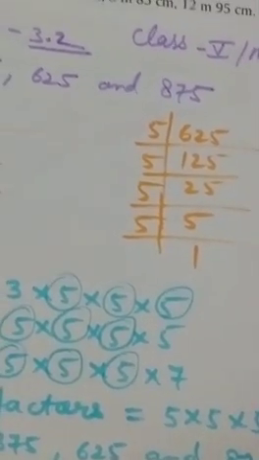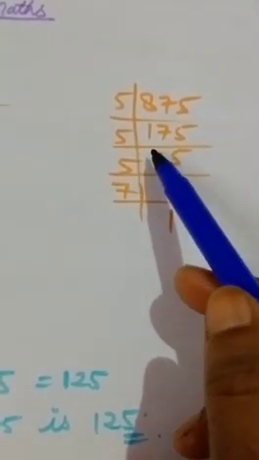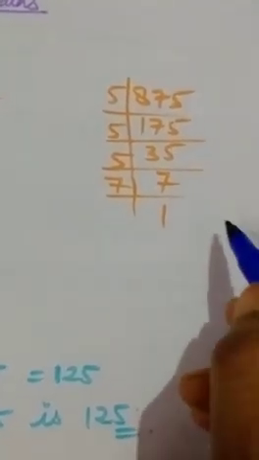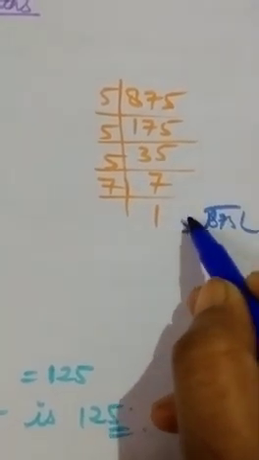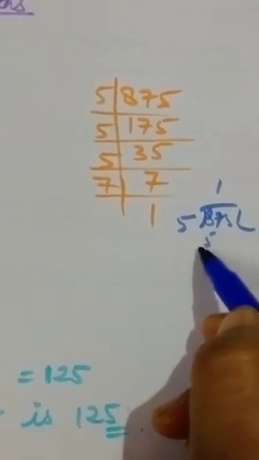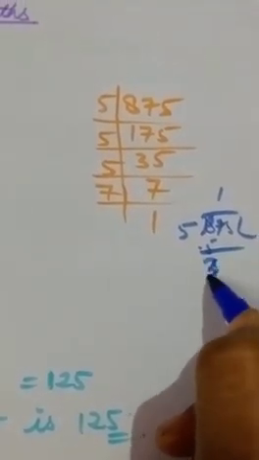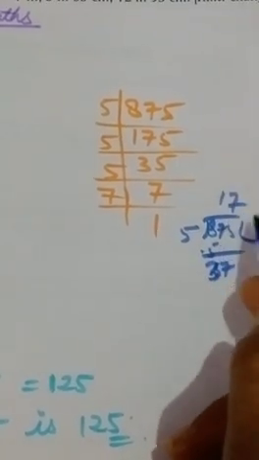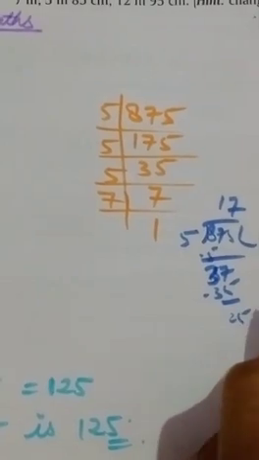Okay. See the third, 875. Five tables. If you want, you can show your division on your rough side and then write the quotient. 5 ones are 5. How many remaining? 37. 5 sevens are 35. 25.